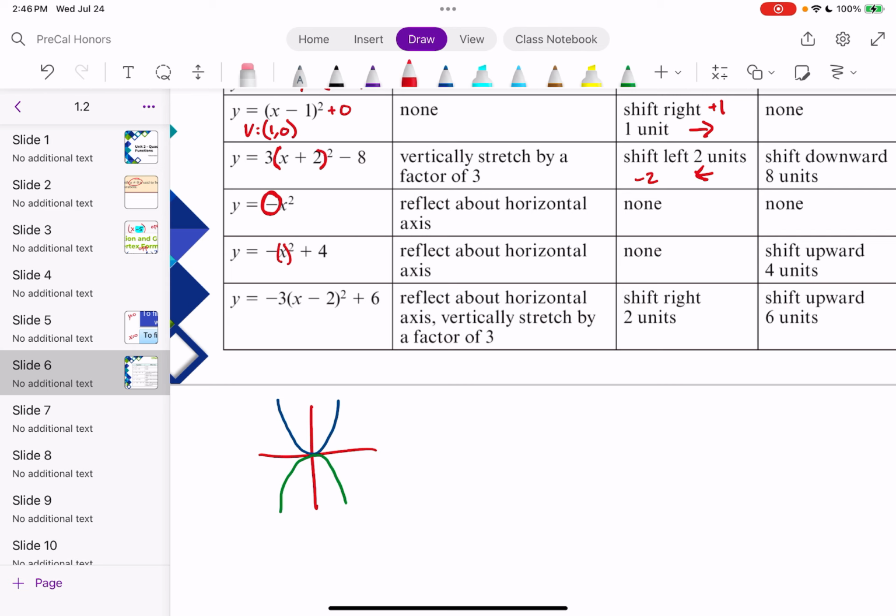It is a 3, which means that it's going to be a vertical stretch, and we're going to say it's a vertical stretch by a factor of that 3. We move on to h. Notice it says x minus 2, so we're going to be shifting right 2 units because we're going to go towards the +2, and +6 is on the outside, which means we are moving up 6 units.